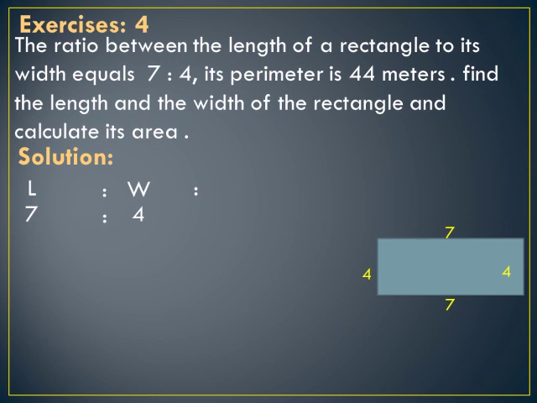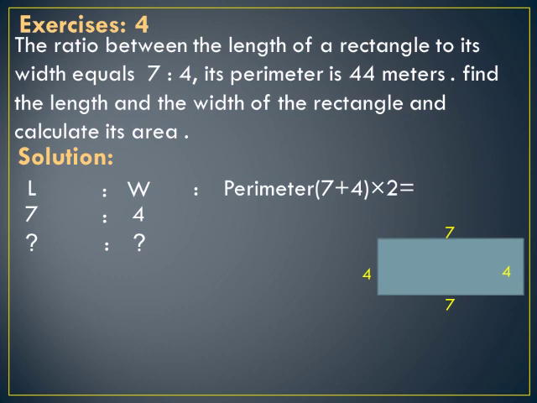Is there in the exercise any sum or difference? No, there is a perimeter. As we know, perimeter equals length plus width, all by 2. So in the ratio, we will make the ratio as length plus width, 7 plus 4, all by 2.